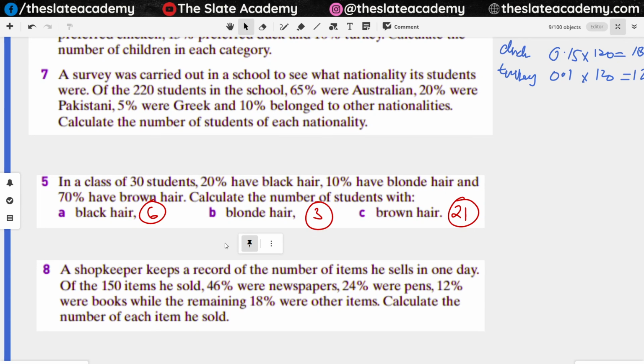Yes, 69 newspapers, correct. 36 pens, correct. 18 books. 27 other items. Excellent.